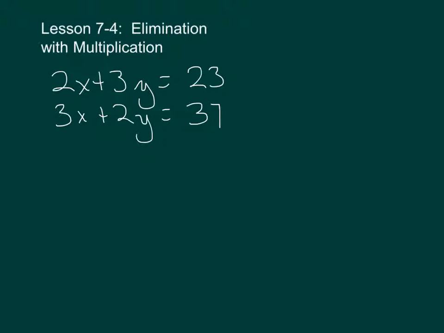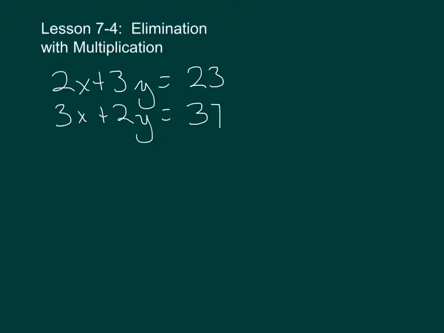So what we really need to do is figure out what we could multiply one or the other of them by in order to set up a situation where we have a variable being eliminated. So in this case, what I would suggest is you look at the first numbers, the constant that's in front of the x.